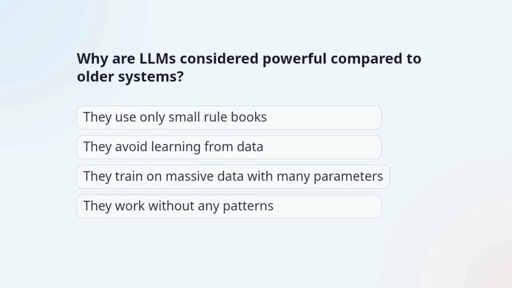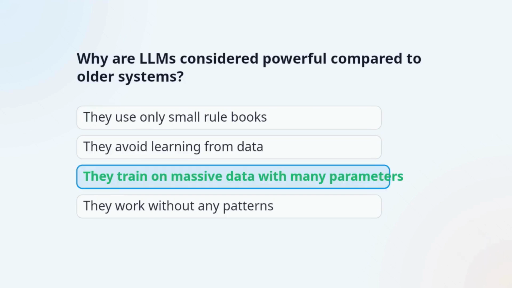Question 2. Why are LLMs considered powerful compared to older systems? The correct answer is they train on massive data with many parameters. Large datasets and billions of parameters help LLMs learn rich language patterns.